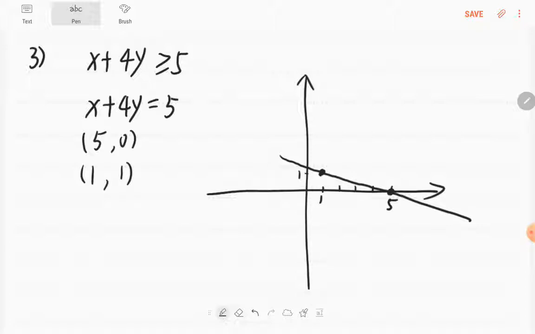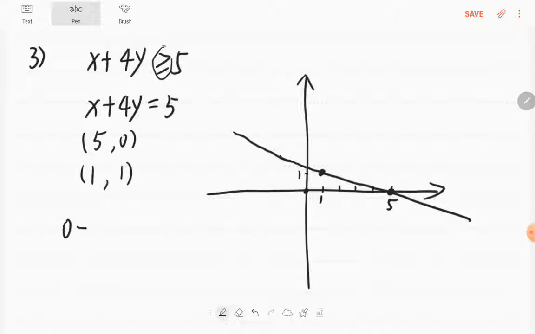The reason is here is a greater than or equal to, right? So the boundary is included. So which part? We have 2 parts, right? One part is above this line, one part is below this line. So we pick an arbitrary point to test. For example, we always pick the origin, 0, 0, to see if this satisfies.